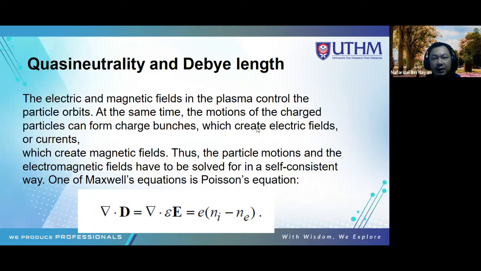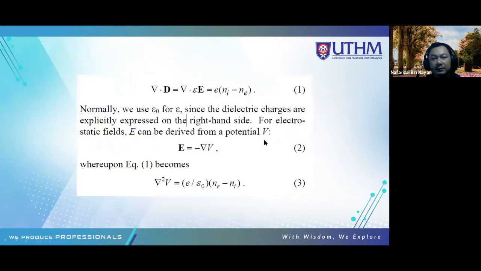Having this equation, we can expand it, right? We know that the electrostatic field E can also be derived from the potential, the voltage.